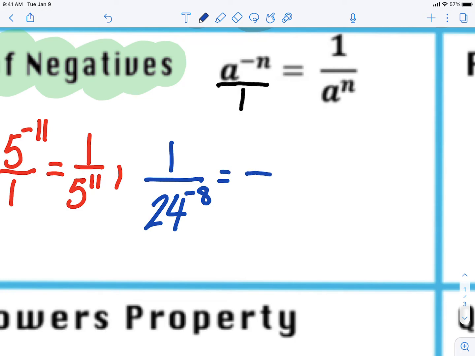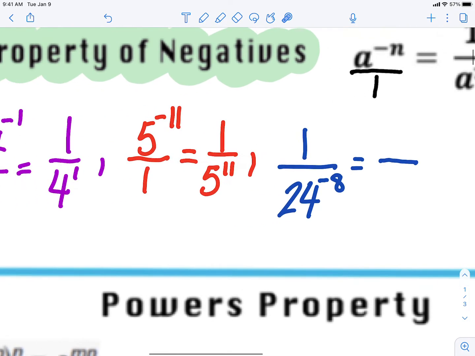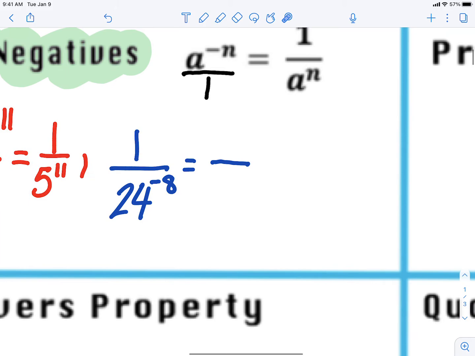Well, again, I make a fraction. Now, remember, diagonal. Look at that, diagonal down. But this time it's backwards, it's going to work diagonal up. So 24 is going to go up, and the negative 8 is going to become a positive 8. And this empty space becomes just a 1.